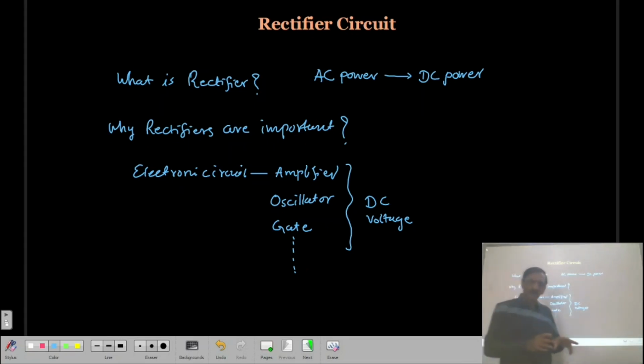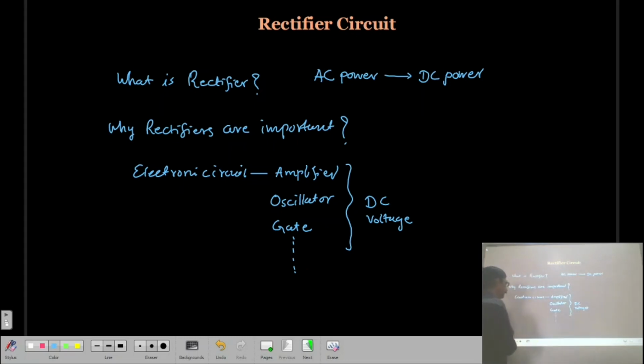And all these electronic circuits are in gadgets. If you take an example of a radio, a television, a Walkman or your mobile phone, every electronic gadget operates on a battery. And a battery is nothing but a source of DC power.